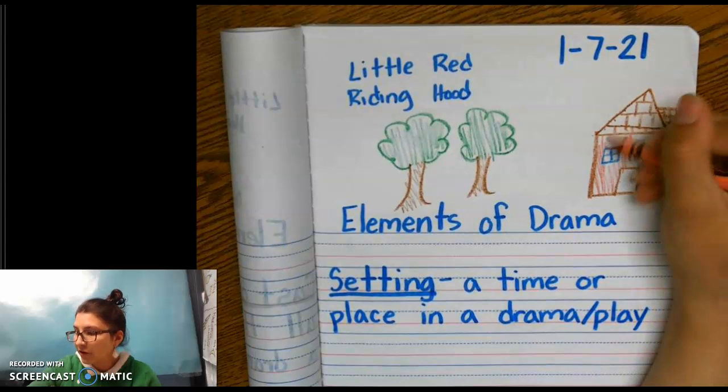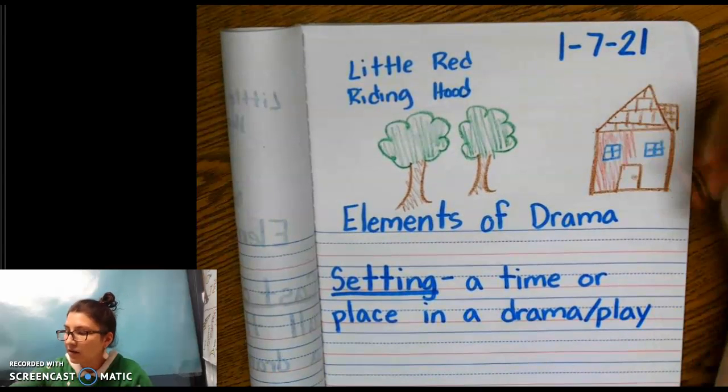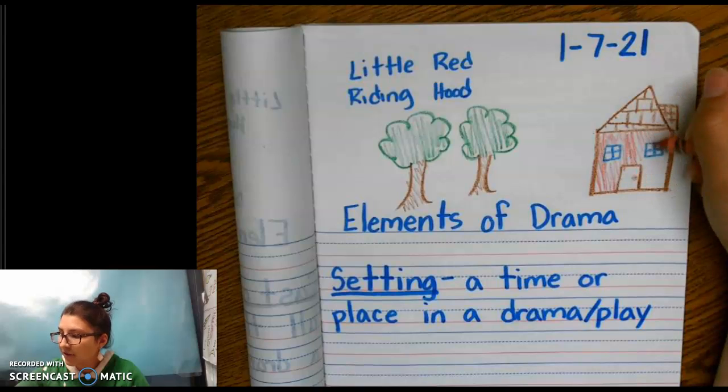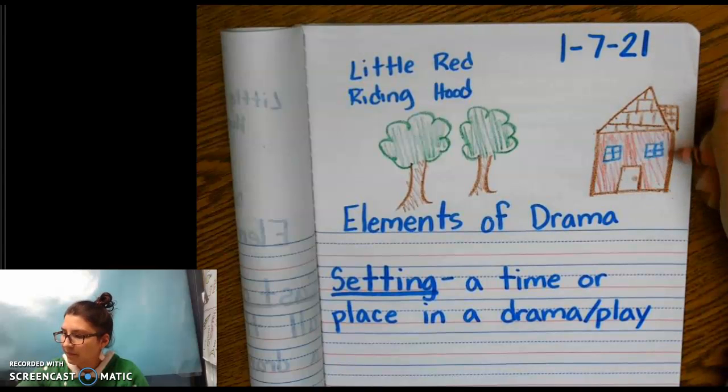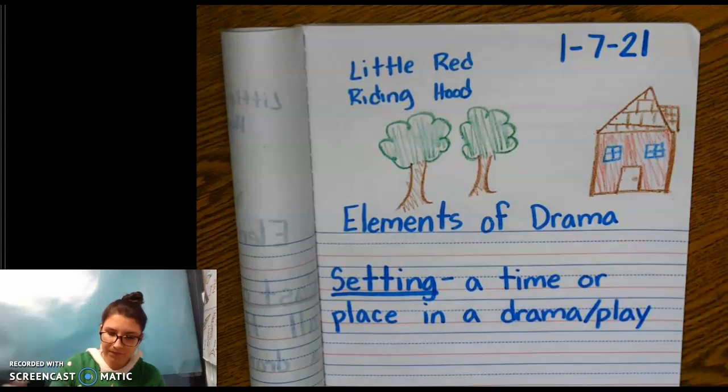While I'm coloring, you can also be catching up on your writing, or you can also be coloring with me.